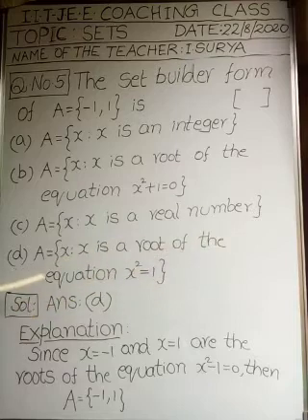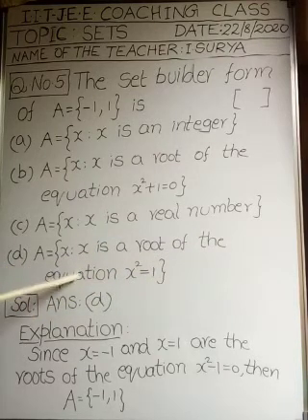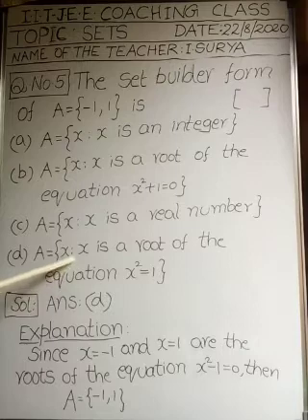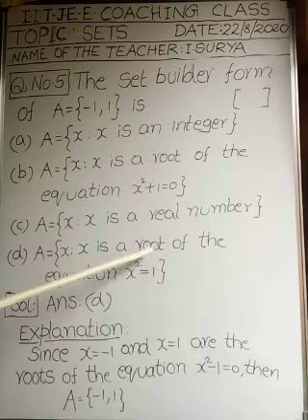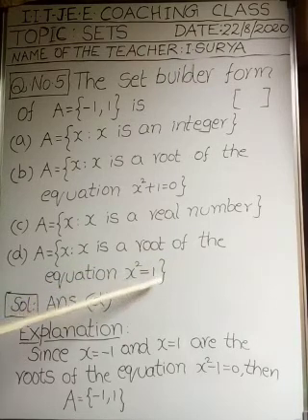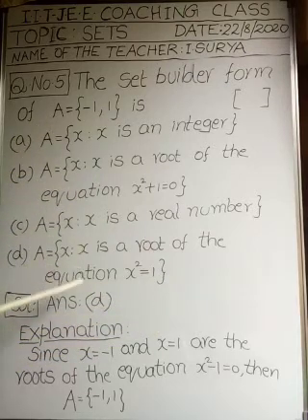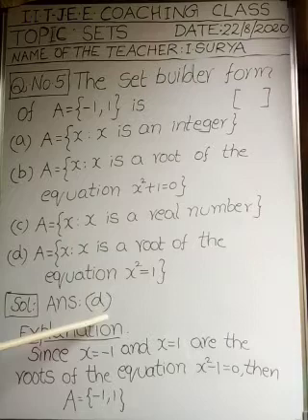Okay, my children. Now fourth option, a is equal to, again set builder form. How do you read this one? Set of all x such that x is a root of the equation x square is equal to 1. Okay, my children. Out of these four options, fourth option is the correct option.